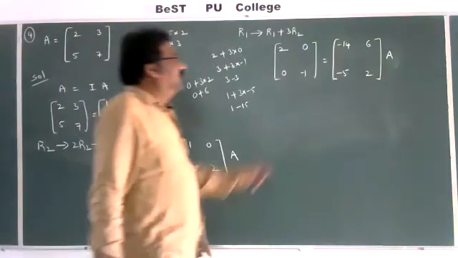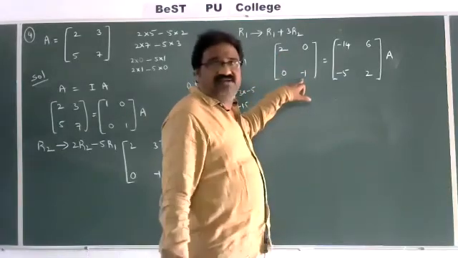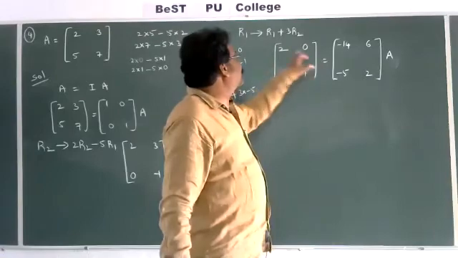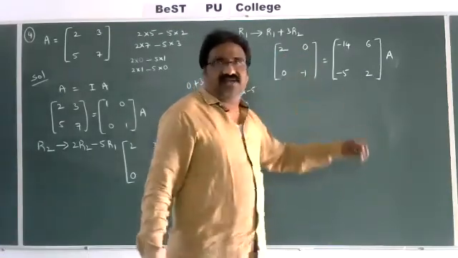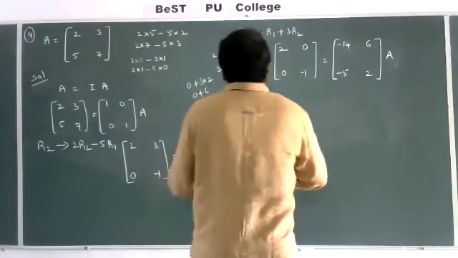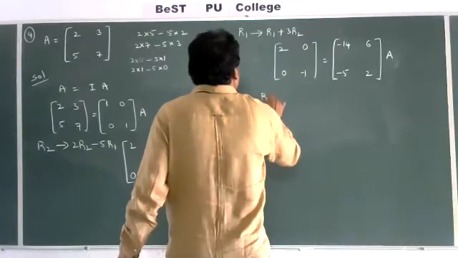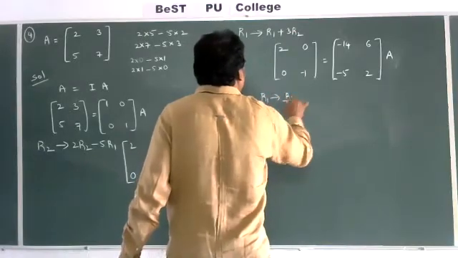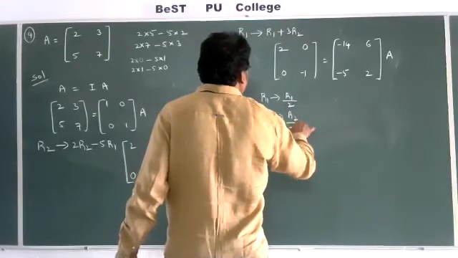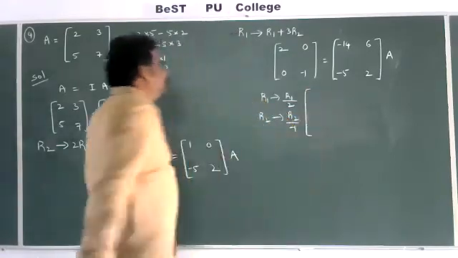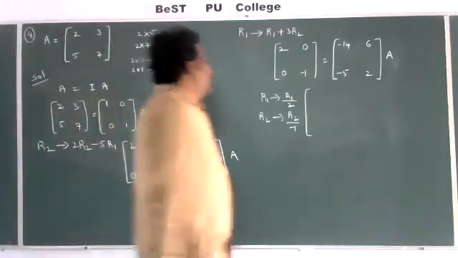Next, you make this element 1 and this element 1. That's why dividing the first row by 2, dividing the second row by minus 1, that is R1 goes to R1 by 2 and R2 goes to R2 by minus 1.